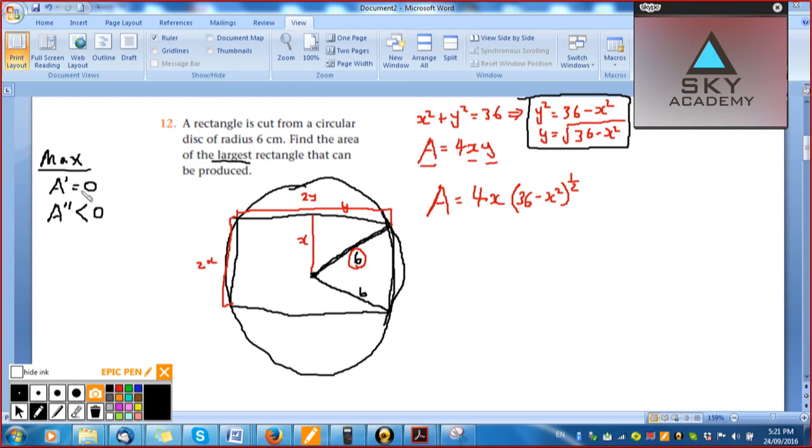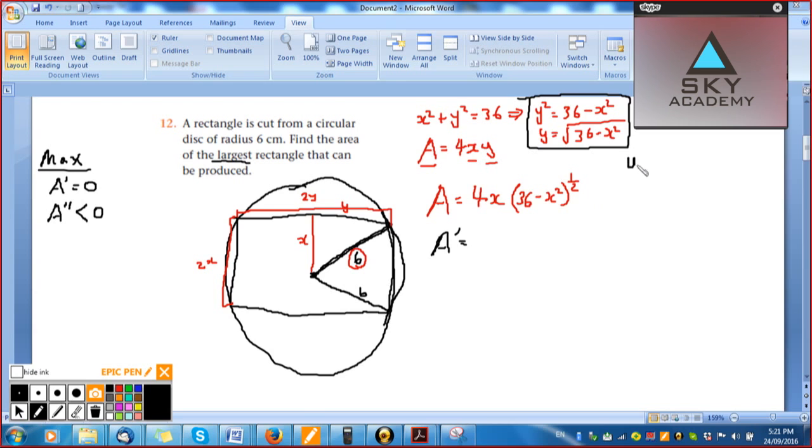So let's work that out. We want when A dash equals 0. Now we've got to use the product rule here.